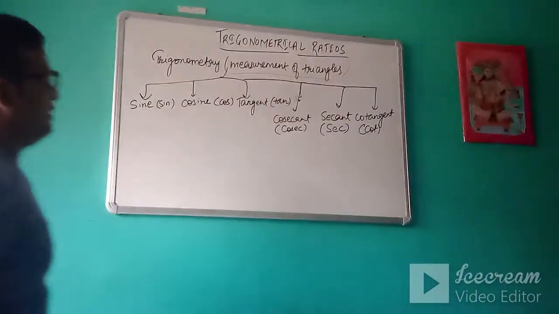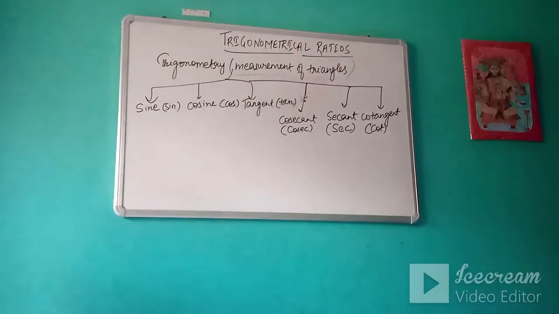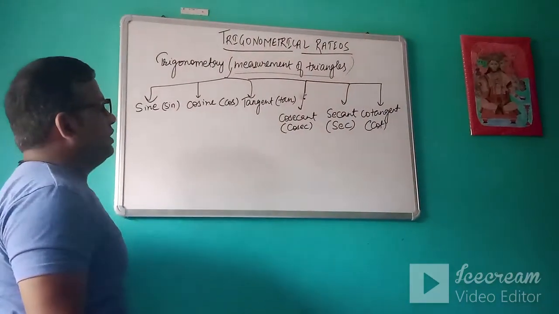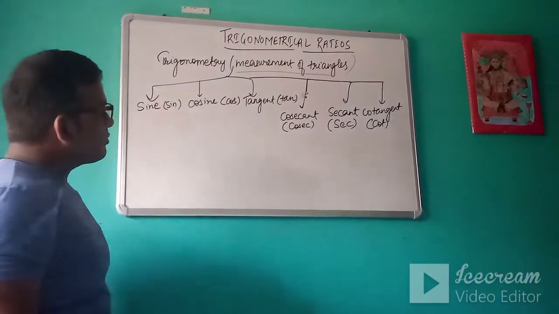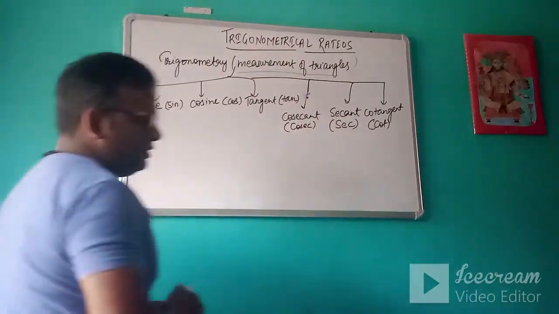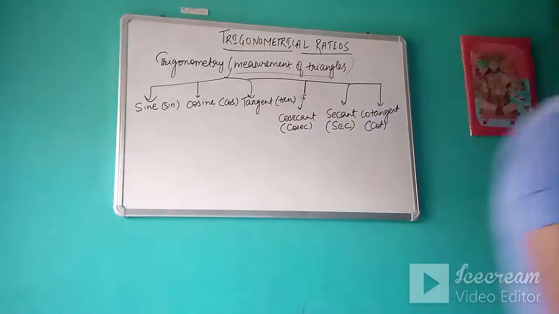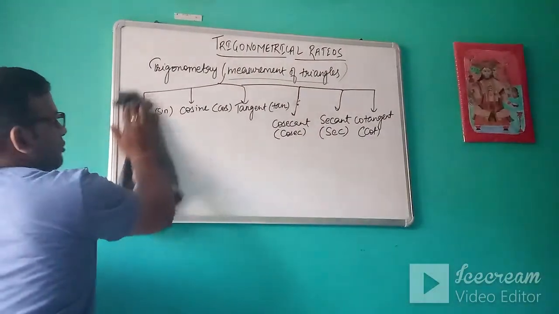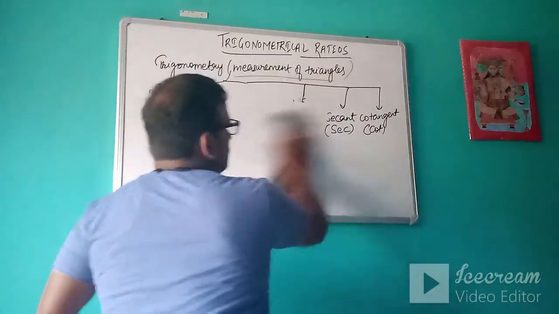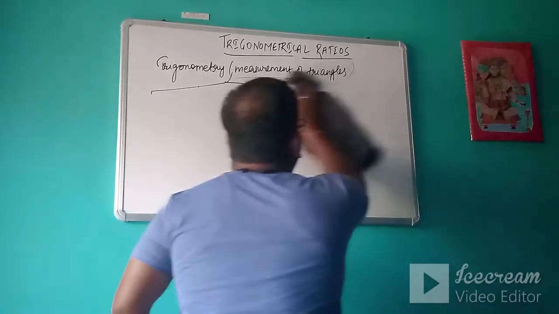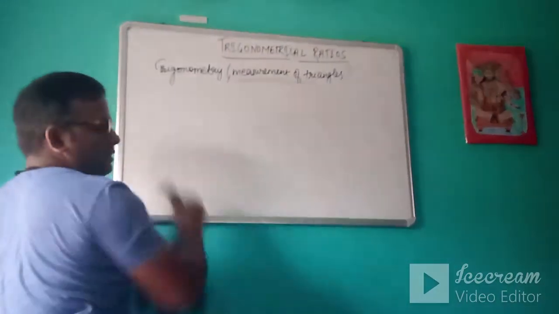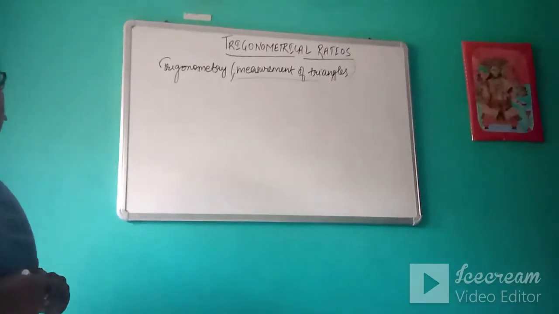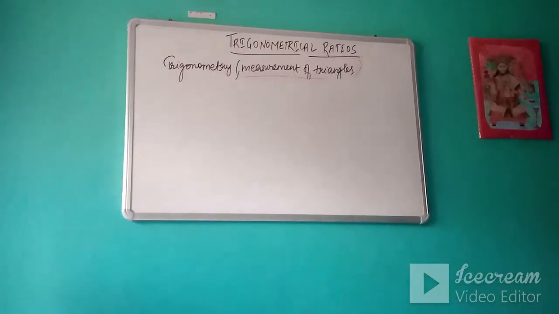Okay, so these are the 6 trigonometric ratios which we will study and which are required whenever we study the topic trigonometry. So remember these 6 trigonometric ratios. These trigonometric ratios are applicable in a right angle triangle.